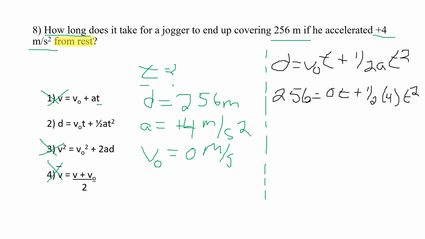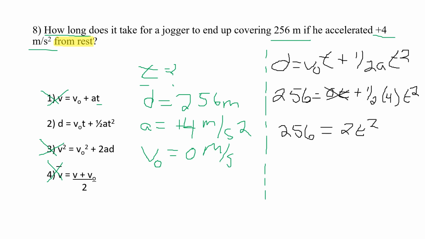Now, 0 times anything is 0. So this just cancels out. Students tend not to want to cancel out a variable, but even a variable times 0 is 0. So please know that if ever that's 0, the whole thing goes away. 1/2 of 4 is 2t squared.